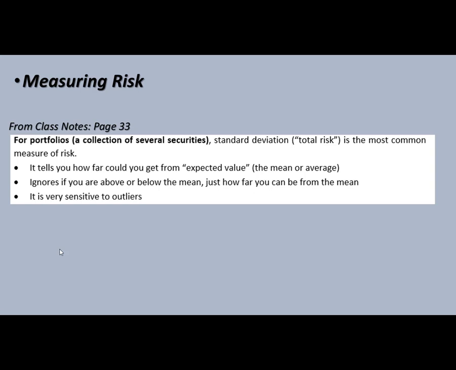So if you expect to make 6%, but you're up 30-something%, standard deviation is going to say, wow, that's really risky. Why? Because if you can be well above the average, you can also be well below the average, assuming you have a normally distributed set of data.